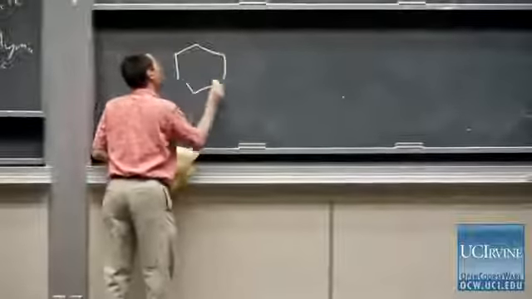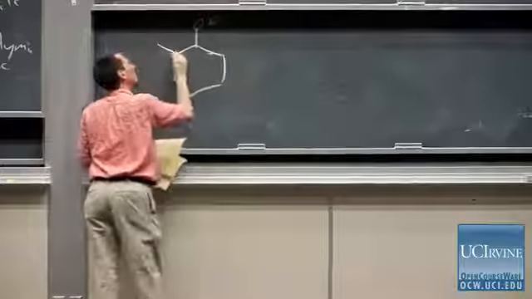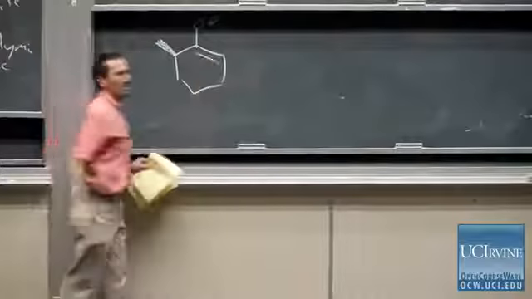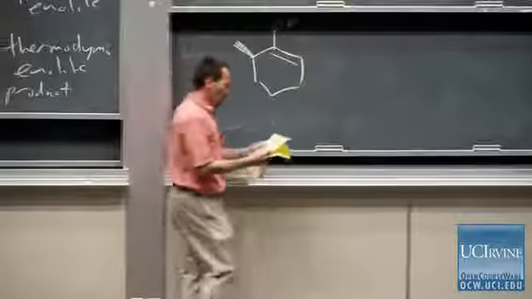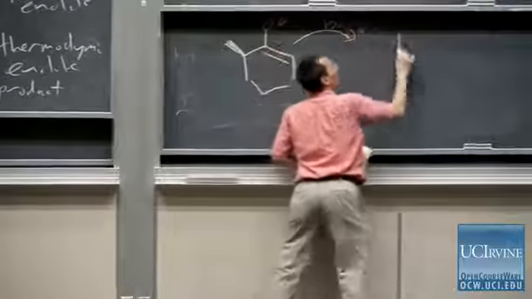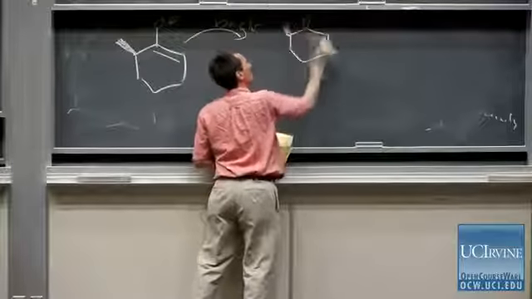And so when we form our enolate, and now I will specify my methyl stereochemistry, if our methyl group adds from the back, we get the trans stereoisomer.